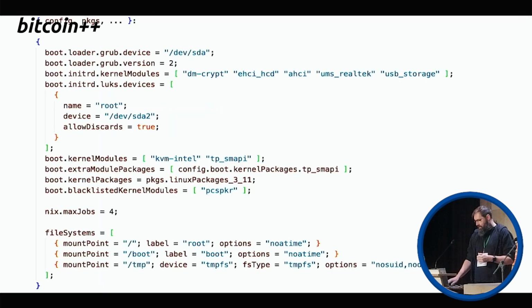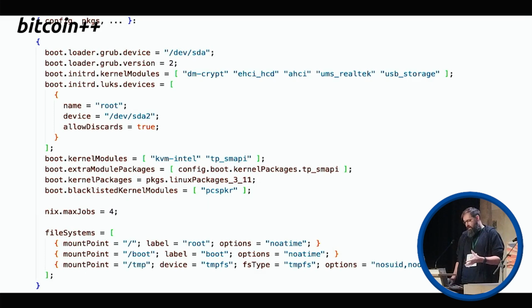And also the hardware.nix file says, let's use grub as a loader, let's use these kernel modules, let's use this LUKS device, let's limit the number of parallel jobs to 4, because I know I have 4 physical cores, and stuff like this.